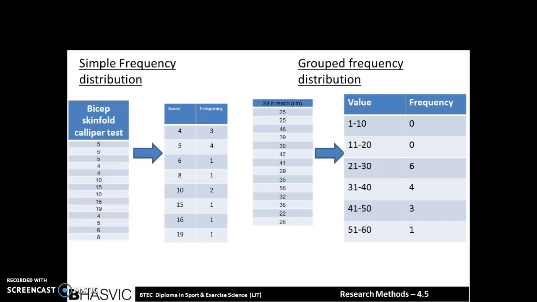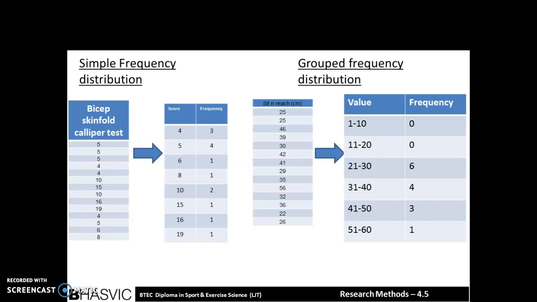For example, if the values from the biceps skin fold caliper were put into a simple frequency distribution graph, it would look something like this. So it starts off not in the right order, then it's ordered, and the frequency shows how many times each value appears.